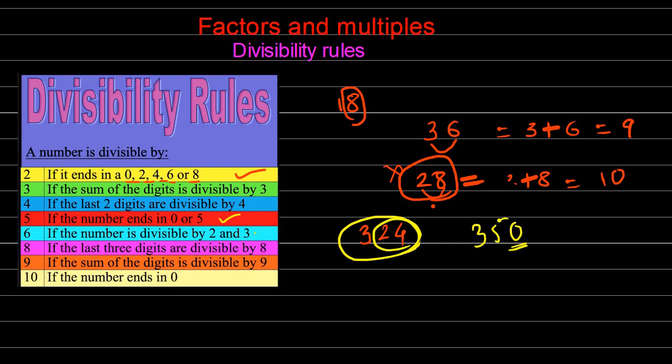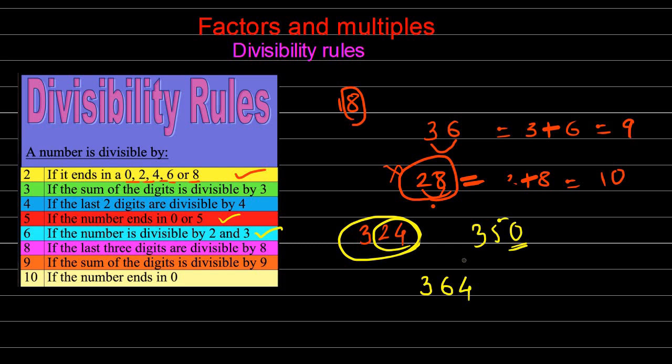Let's see the next, 6. Divisibility rule of 6: the number should be divisible by 2 and 3. 2 means the number should be an even number. For example, let's take the number 364.